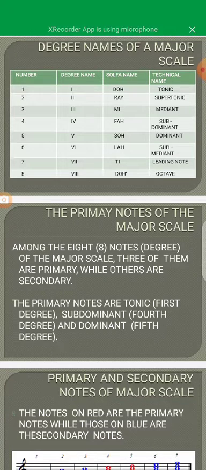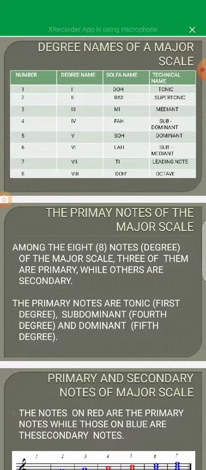So let's run a scale and see now. Do, re, mi, fa, sol, la, ti, do. Those are the 8 notes. 3 of these 8 notes will be the primary, while others will be secondary. Now, you should know that the primary is not the same as the secondary.